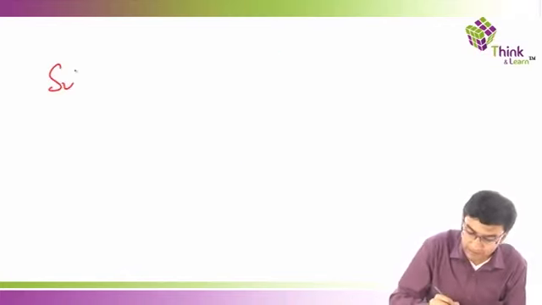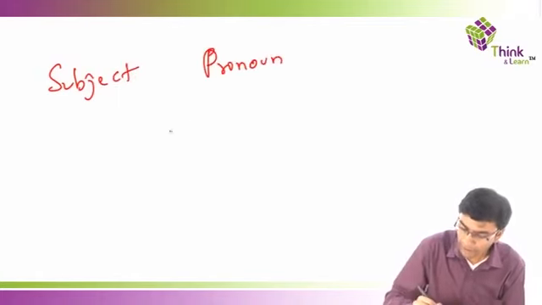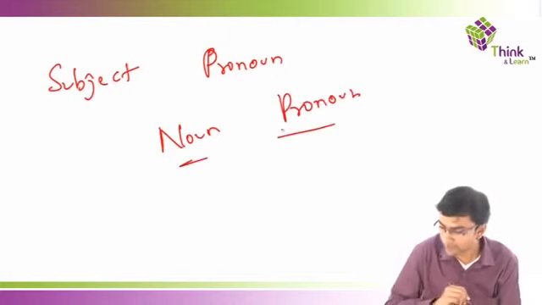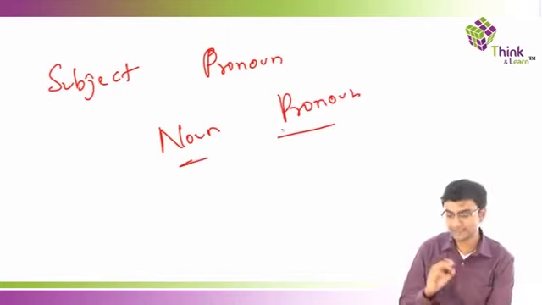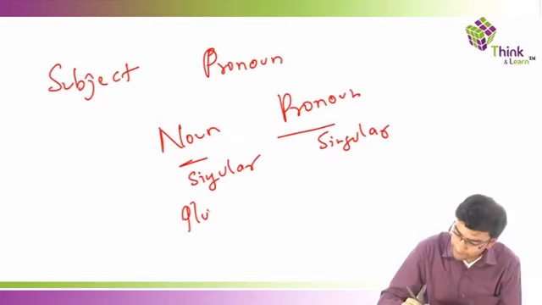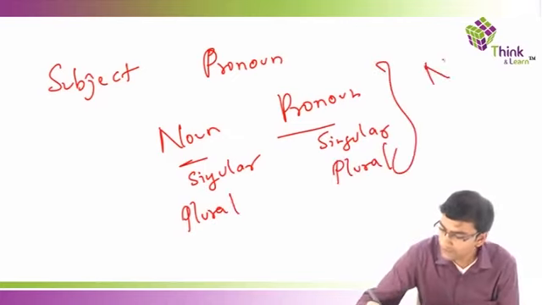Similarly, in terms of noun pronoun agreement, the concept we should check is, if the noun is singular, the pronoun has to be singular. If the noun is plural, the pronoun should also be plural. So this is again what we call number agreement.